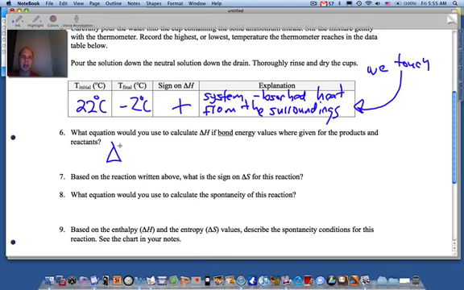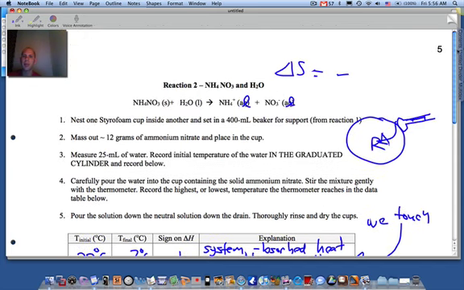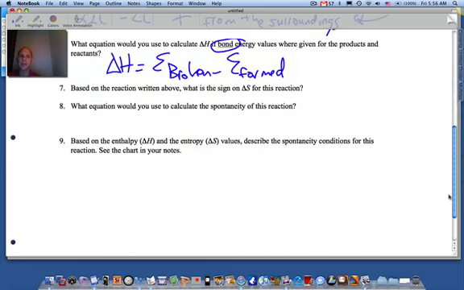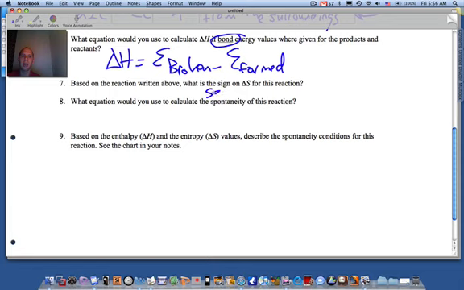Okay, again, delta H equals the sum of the bonds broken minus the sum of the bonds formed. This is because we see the word bond. Here is broken. Here's formed. See above, we calculated that. Delta S is going to be negative, or less than 0.